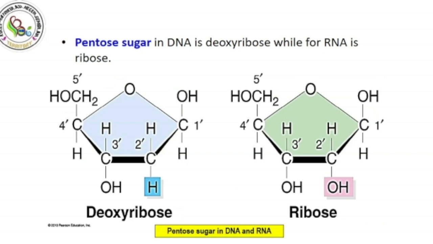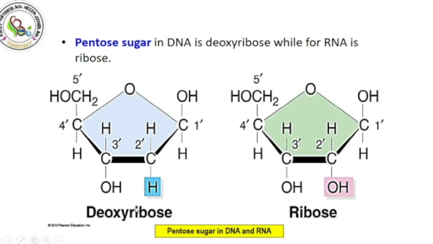As we know, there are two types of pentose sugar. First, deoxyribose sugar found in DNA, and ribose sugar found in RNA. Pentose sugar refers to the 5-carbon sugar: carbon number 1, carbon number 2, carbon number 3, carbon number 4, and carbon number 5.